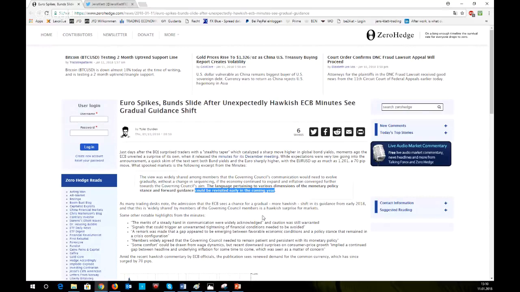So this comes with a big bang because no one really expected this. Everyone was expecting that the ECB is probably considering reducing their asset purchases further, or thinking about how to end them.